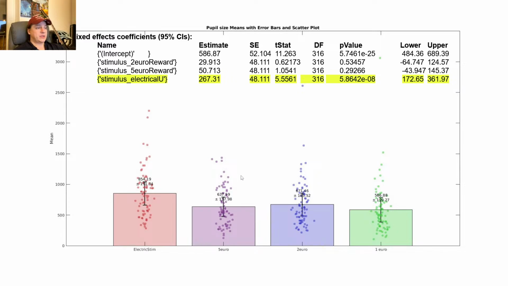What can we actually see visually here? If we take all the stimuli, there were 4 of each. So each participant had 4 electrical stimulations, 4 times was presented with €5, 4 times with €2, and 4 times with €1, and there were about 20 participants.